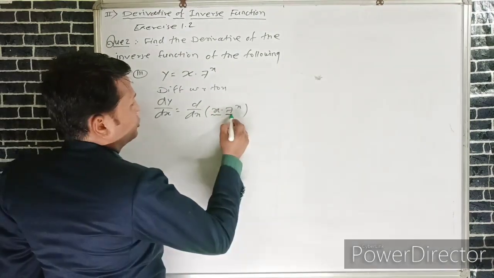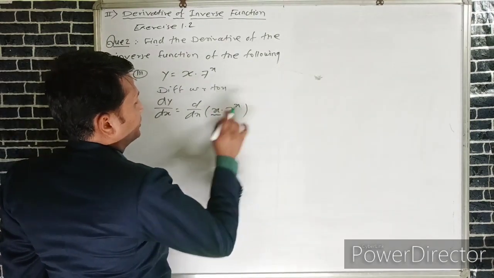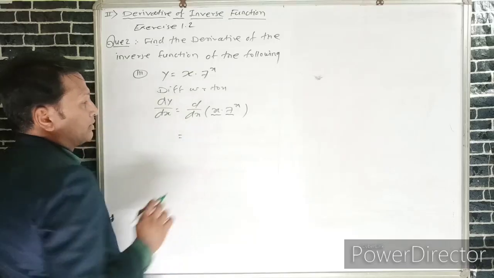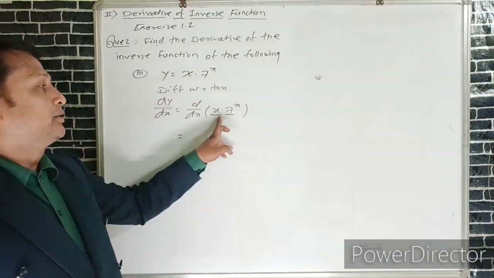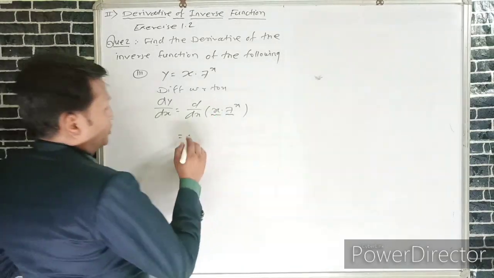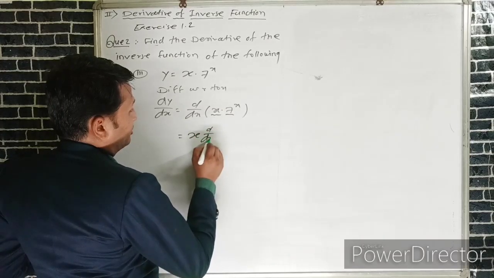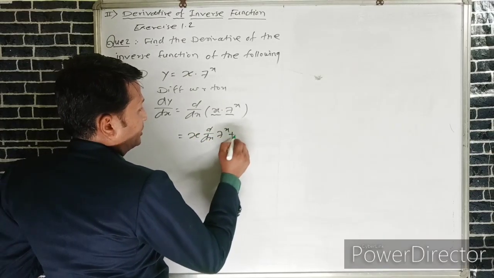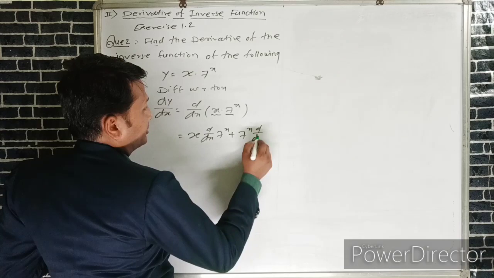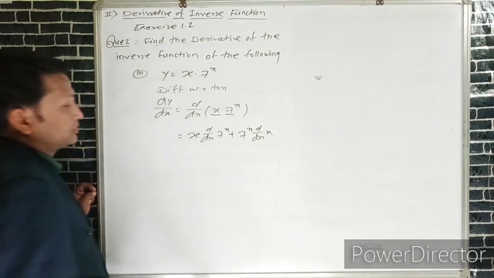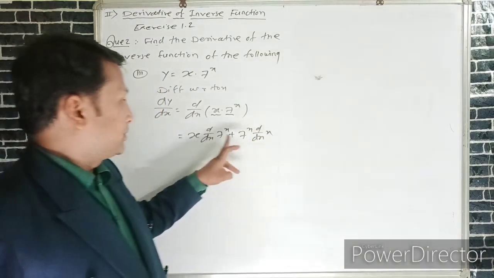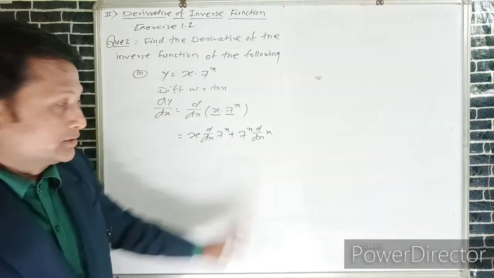These two terms are in multiple form, hence we can use the derivative of u into v. We know that it is x into the derivative of 7 raised to the power x plus 7 raised to the power x into the derivative of x: first function into the derivative of the second function plus second function into the derivative of the first function.